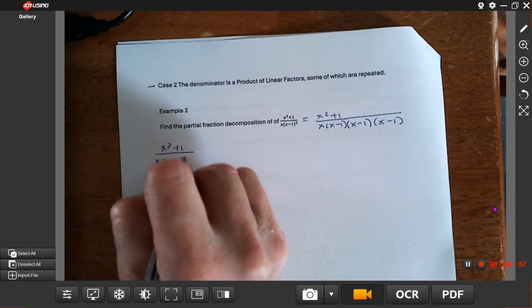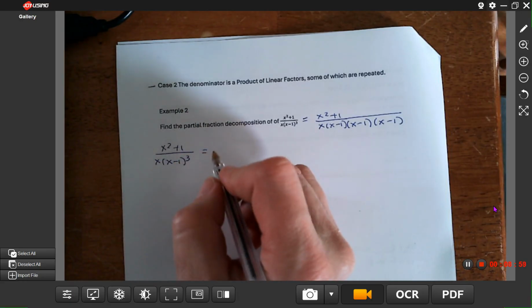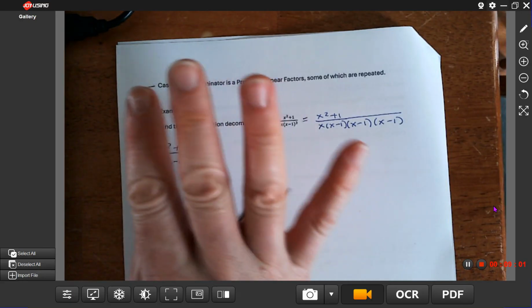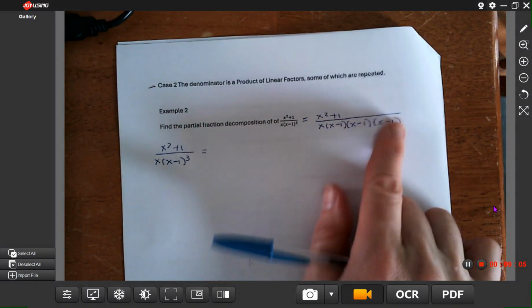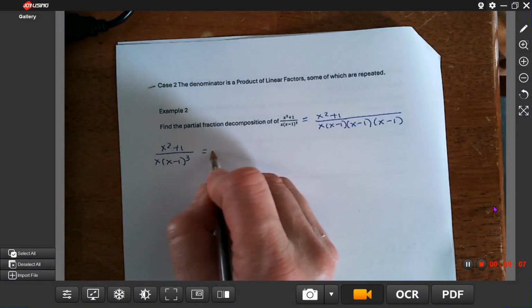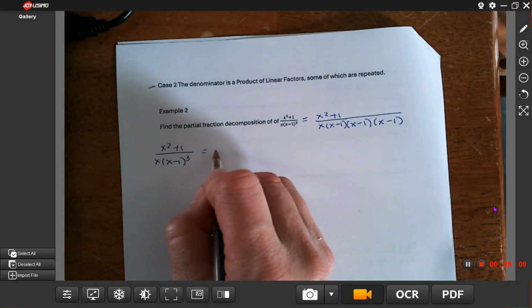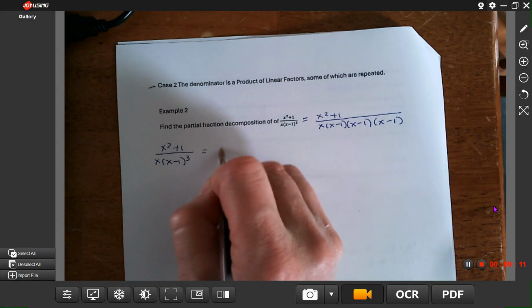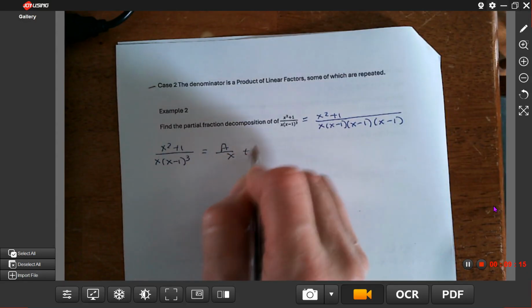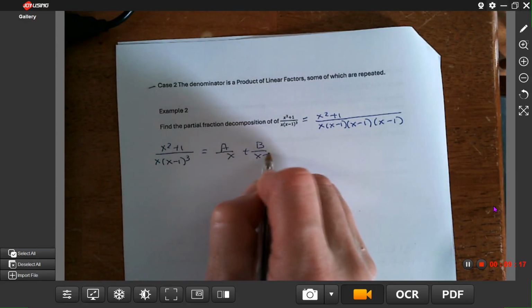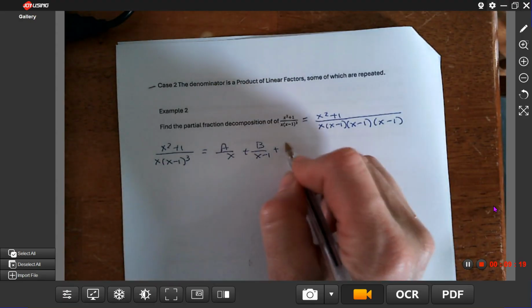So now our original expression is going to be equal to the sum of, it turns out there's going to be 4, which is related to the 1, 2, 3, 4 factors. But it's a little different. So we're going to have a over x, that's familiar, plus b over x minus 1, that's familiar.